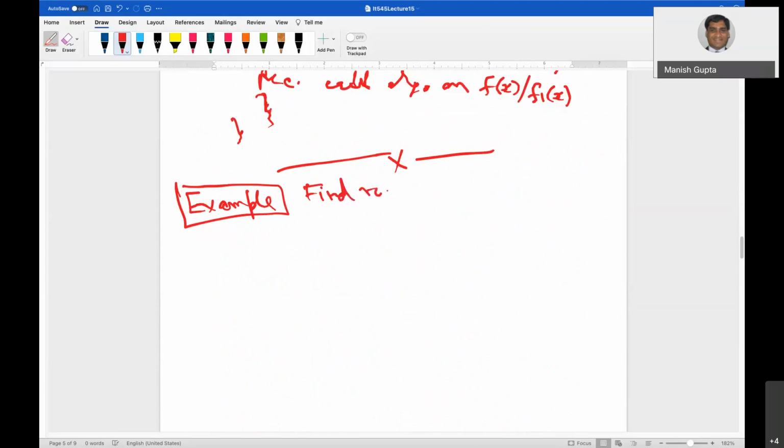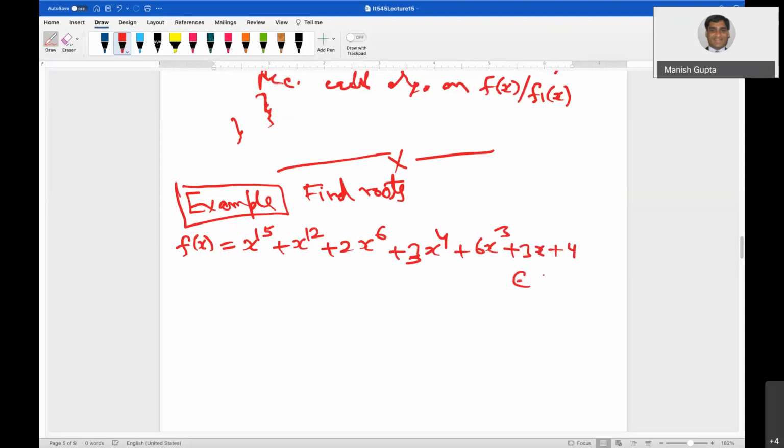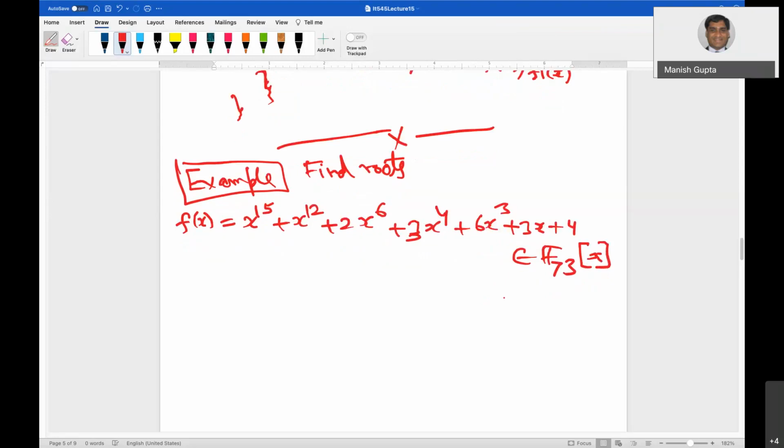Question is find roots of the polynomial f of x equal to x raised to power 15 plus x raised to power 12 plus 2 times x raised to power 6 plus 3 times x raised to power 4 plus 6x cube plus 3x plus 4 mod 73, over F73. So we have to find its roots.